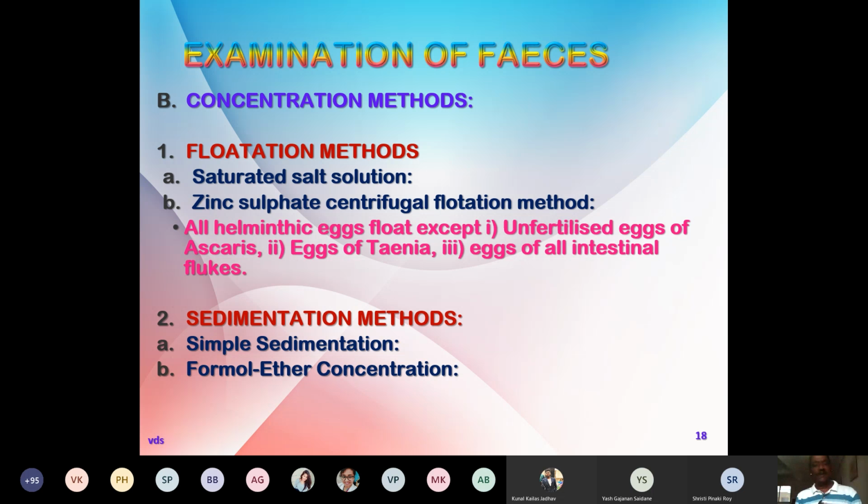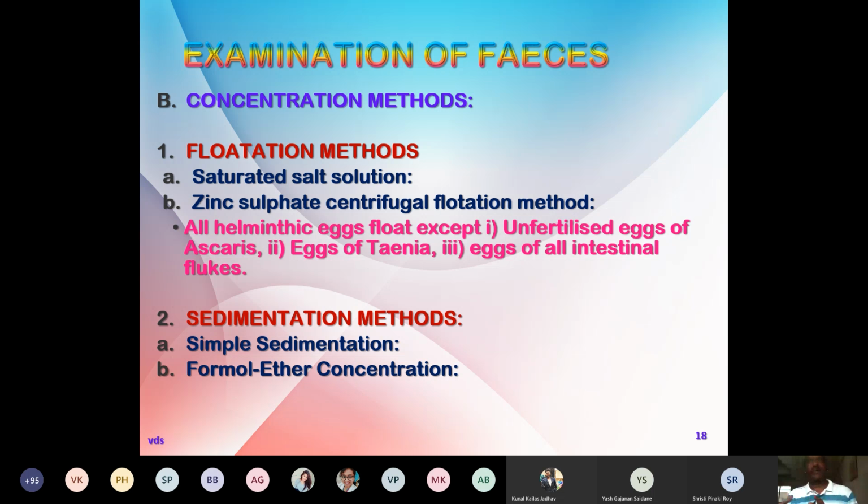Now, the sedimentation method is the reverse of this. Here, the specimen is sedimented at the bottom. Firstly, a simple sedimentation technique was used where the specimen was mixed uniformly in saline, and then it was strained through a gauze having 40 meshes per inch, so that the coarse particles of the feces remain back, whereas the filtrate contains the eggs.